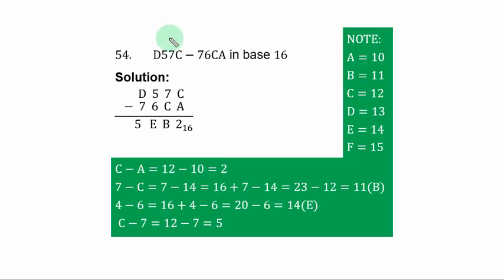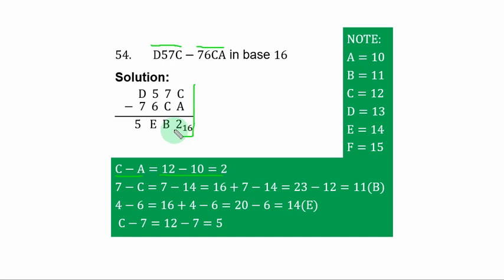Example 54, you have D57C minus 76CA in base 16. So you arrange the numbers for you to subtract properly. So the first column is C minus A, which means 12 minus 10 equal to 2.